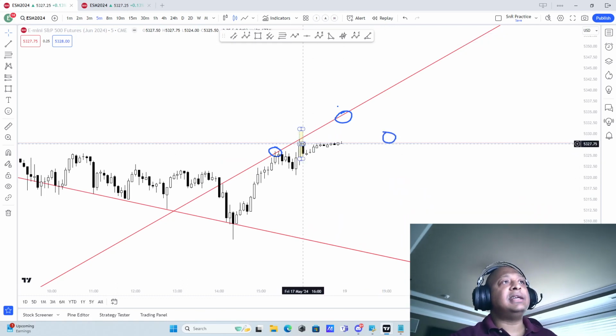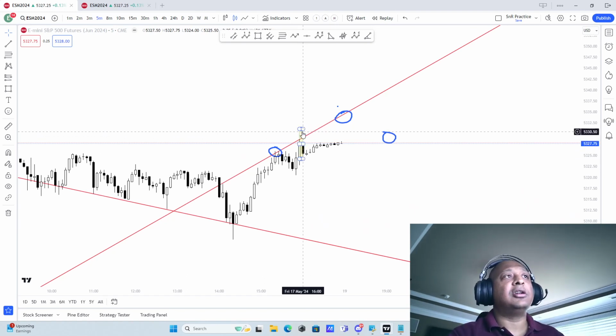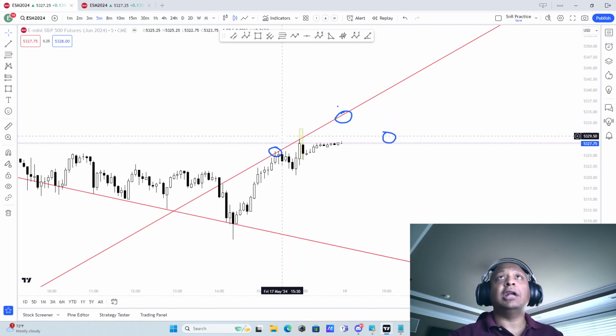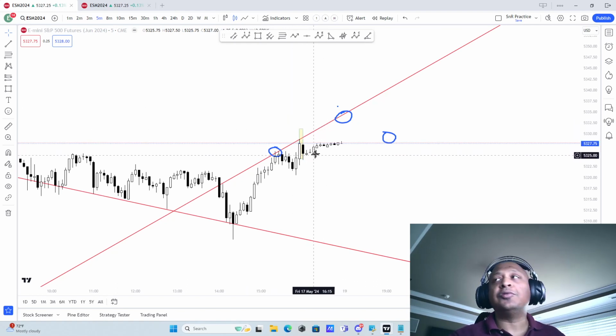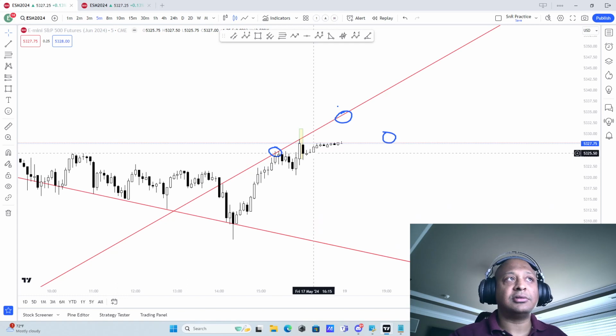Okay, so let's say instead of this candle, we had the candle come and close like this. At that point of time, we will say it's a wedge breakout. Now remember, whenever there is a breakout, there is an 80% chance that the breakout is not going to hold, and in the next few candles it will come back and prove that the breakout was a false breakout, right?